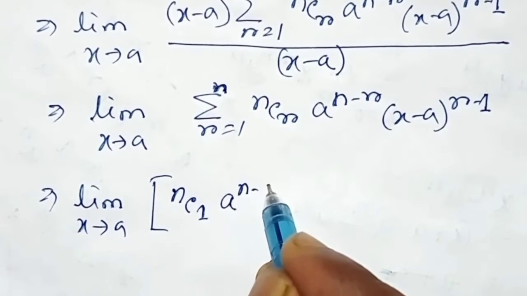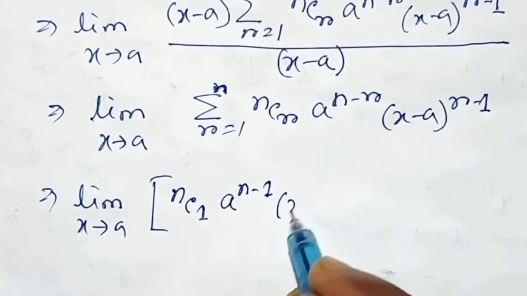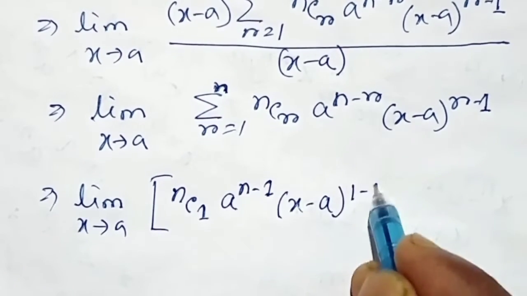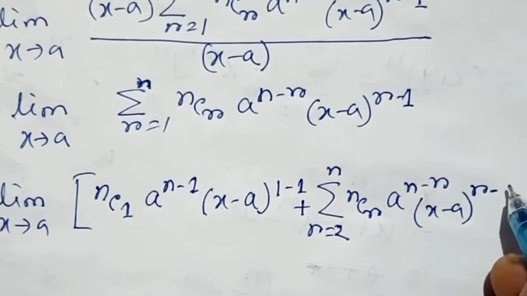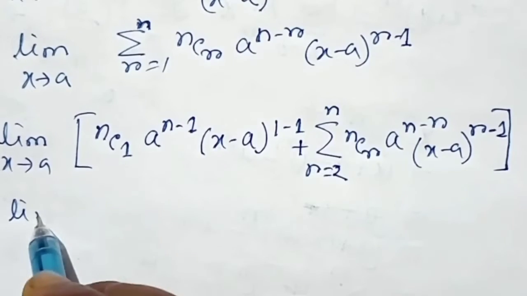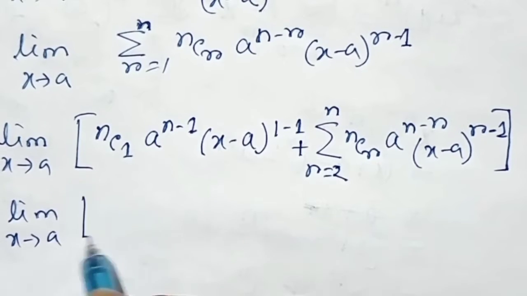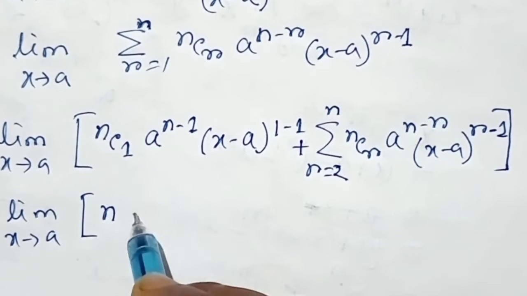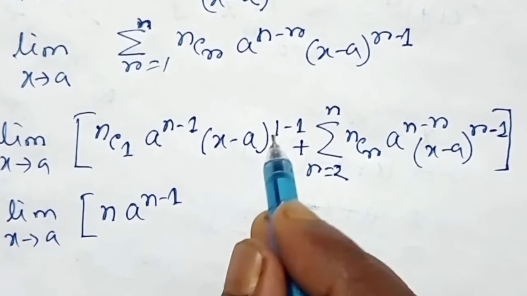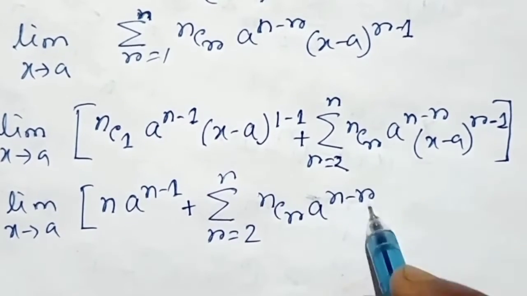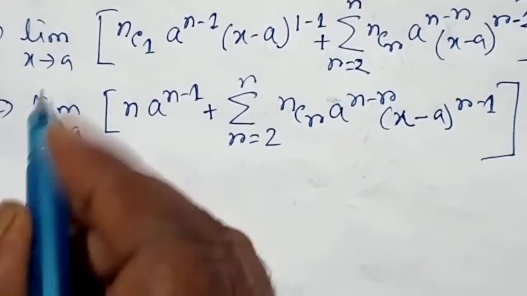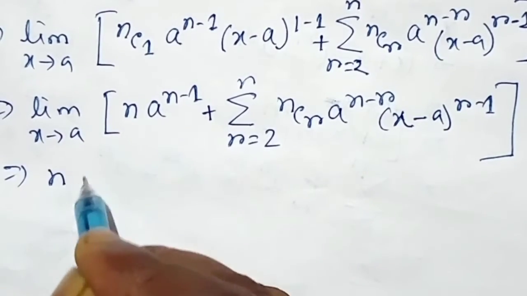So that's why we'll just expand it as nC1 a power n minus 1 into (x minus a) power 1 minus 1, plus summation of all the next terms till n, right? So just simplify it. So limit x tends to a, n into a power n minus 1 plus keep this summation as it is. So in the next line we get n into a power n minus 1.